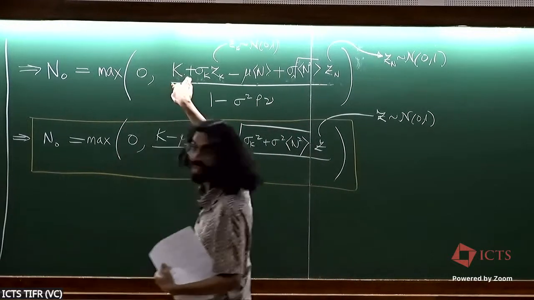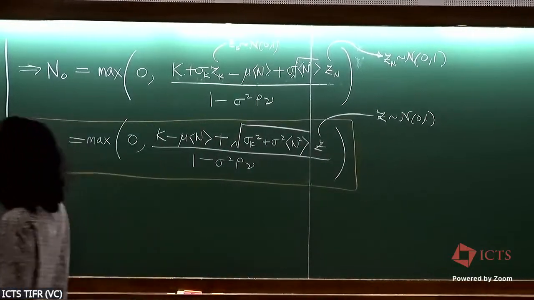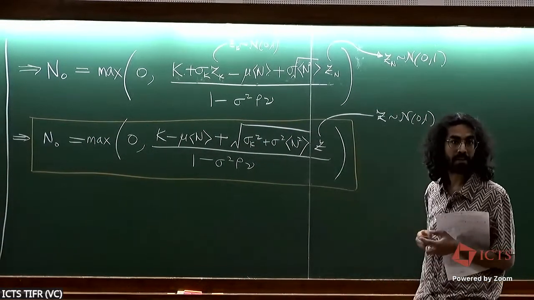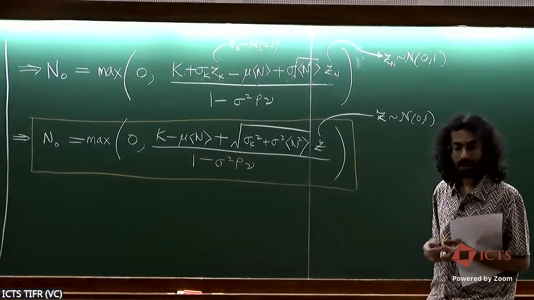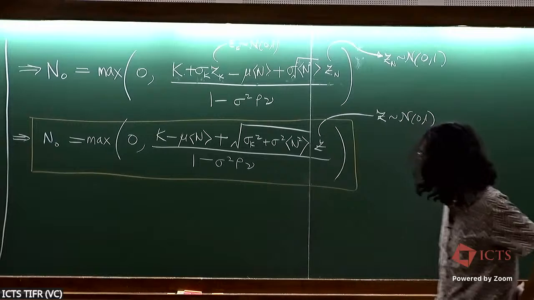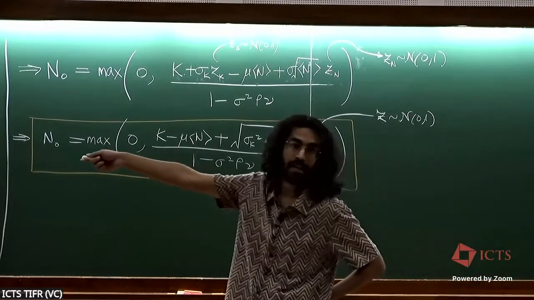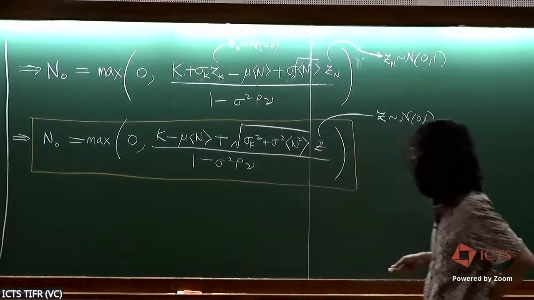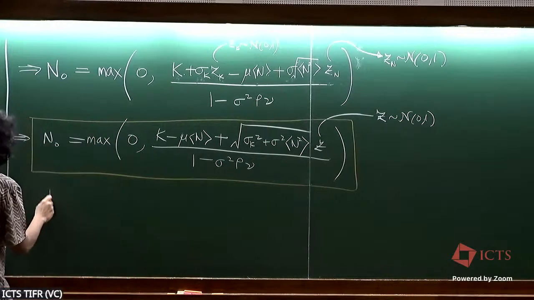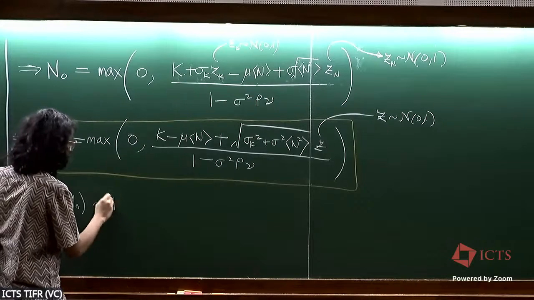So here I'm just exploiting the fact that the cavity species is statistically identical to all. Everyone's fine with me writing it this way? If you're okay with this, you can immediately see point 3 in our summary: if you care about P of N0, then that should be a truncated Gaussian.